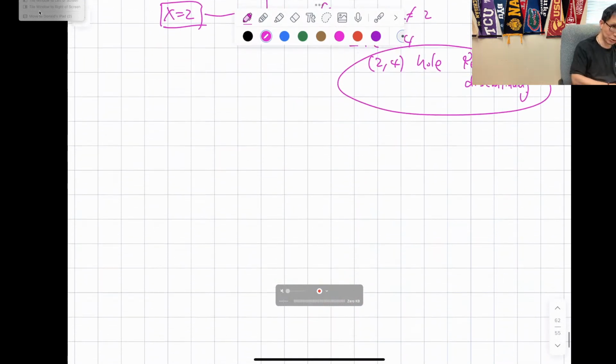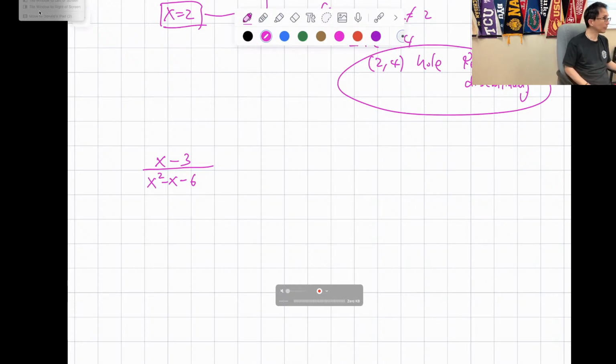Here's the thing. I want you to graph this one. Remember, we're graphing a new function. We're not graphing the old function. We're graphing the new function, okay?